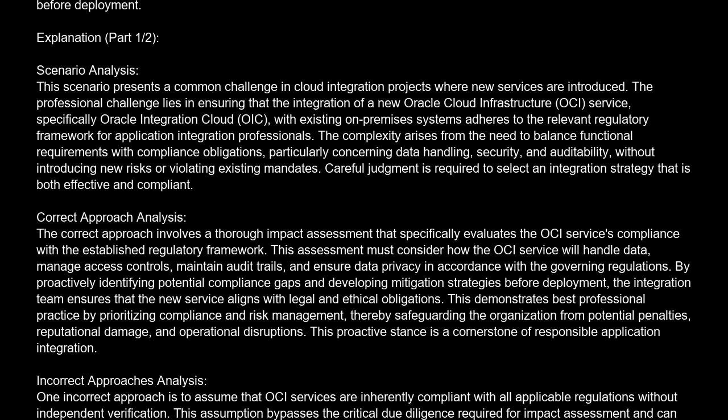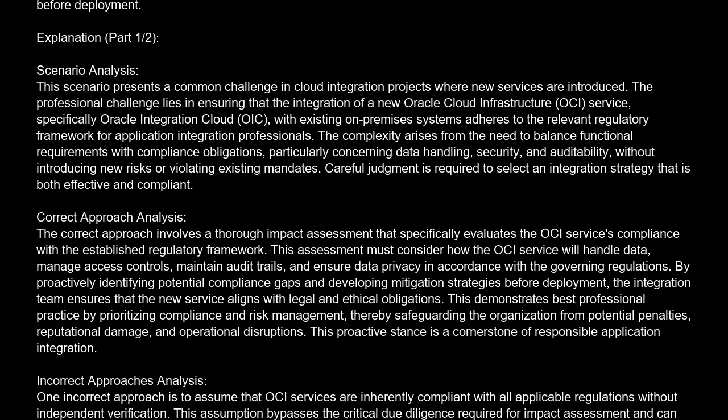By proactively identifying potential compliance gaps and developing mitigation strategies before deployment, the integration team ensures that the new service aligns with legal and ethical obligations. This demonstrates best professional practice by prioritizing compliance and risk management, thereby safeguarding the organization from potential penalties, reputational damage, and operational disruptions. This proactive stance is a cornerstone of responsible application integration.